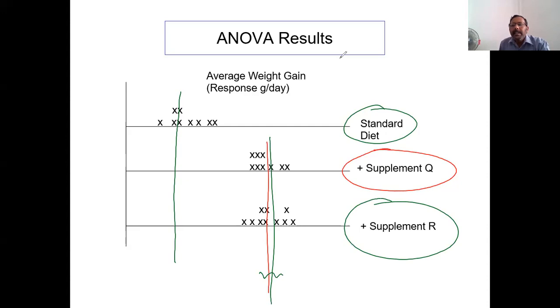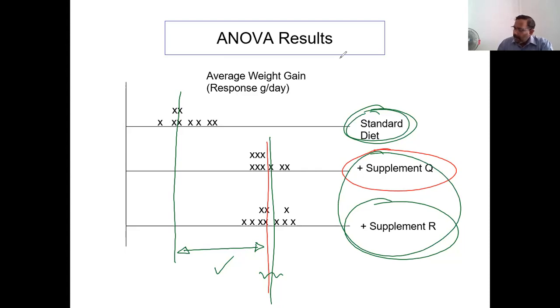I have drawn the mean value, and the line is more or less the same. How about the difference between the standard diet and the supplement diets? Yes, there's a difference, so this indicates that there's a difference between the standard diet and the rest of the supplementary diets. This is my average weight gain, given in the response in grams per day or whatever it is. Don't worry about whether it is grams per day or kilograms per day. It is just some indication.